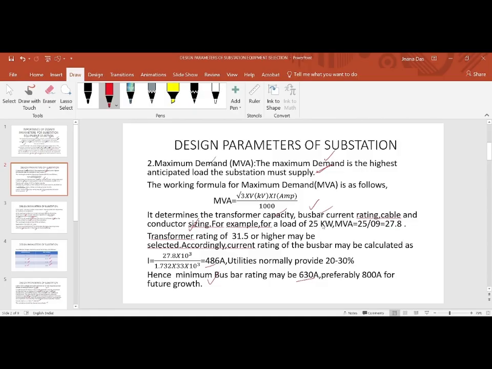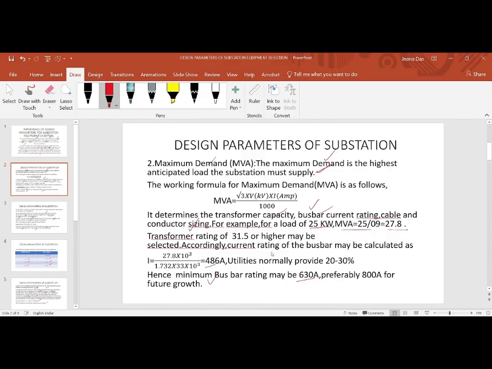For example, a load of 25 MW will convert at 0.9 power factor to 27.8 MVA. The transformer rating should be 31.5 MVA as the nearest standard or higher than that.